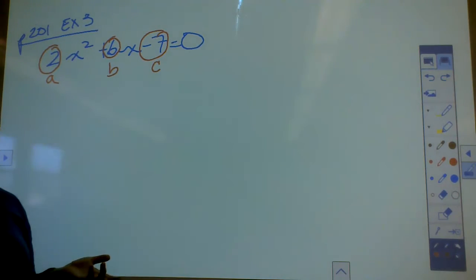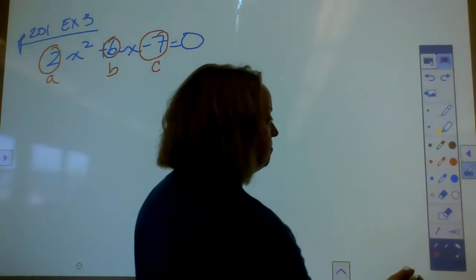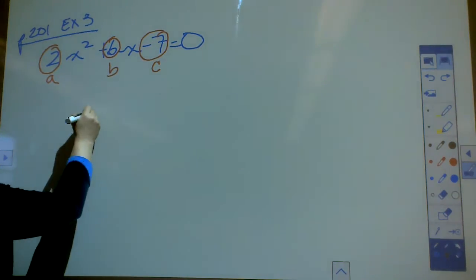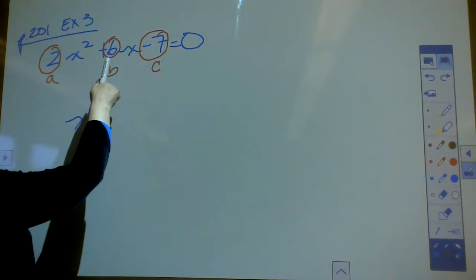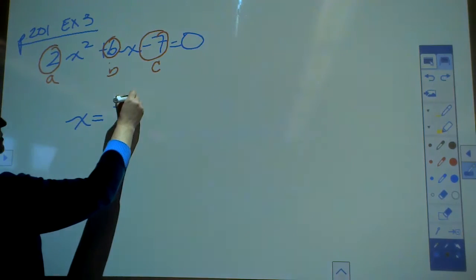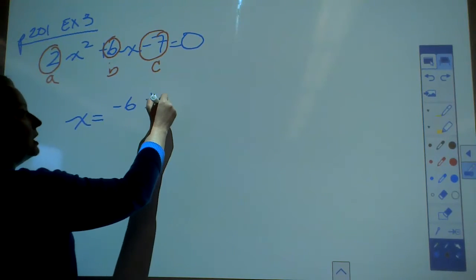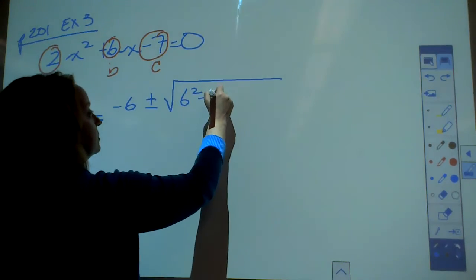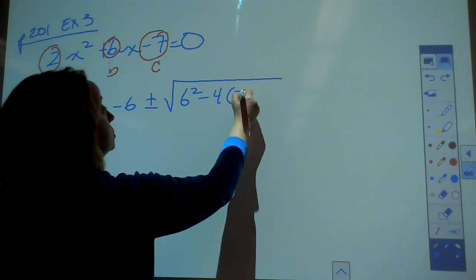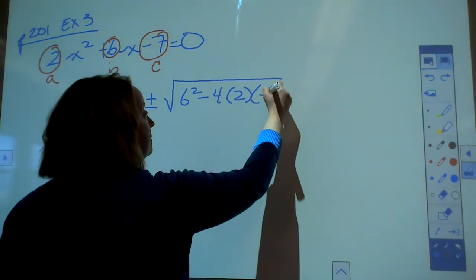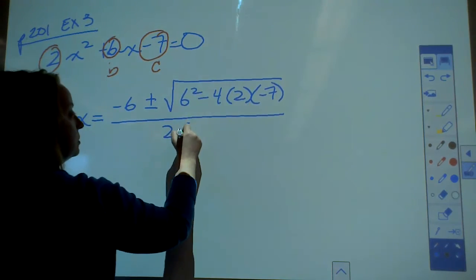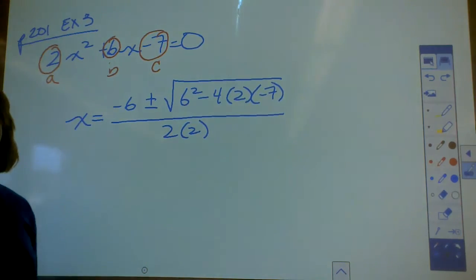Once I have those, I can sub them in. So x is going to equal the opposite of b, which is negative 6, plus or minus the square root of 6 squared minus 4 times 2 times negative 7, long fraction bar, 2 times 2.